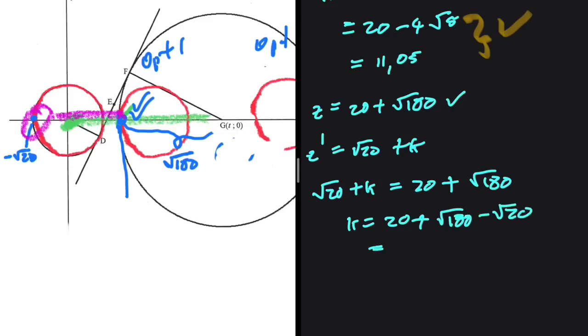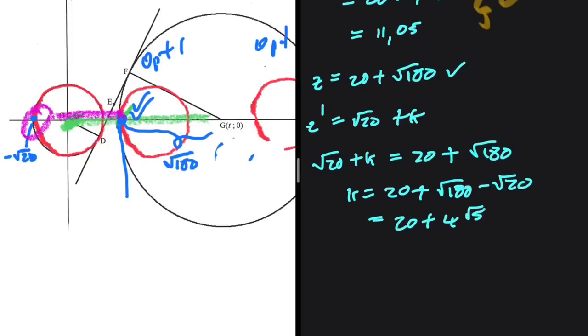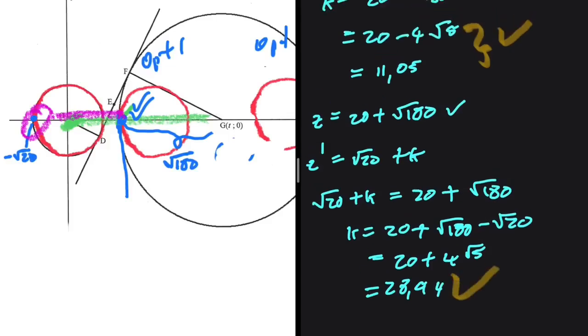This is equals to 20 plus 4 square root of 5, which is 28.94. So these are two possible values of k according to me.